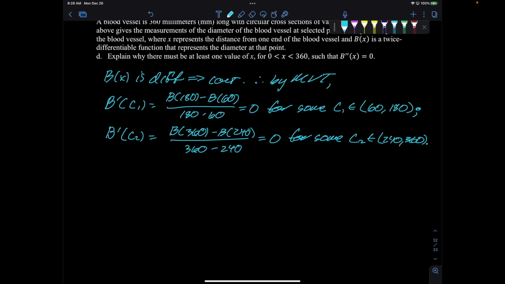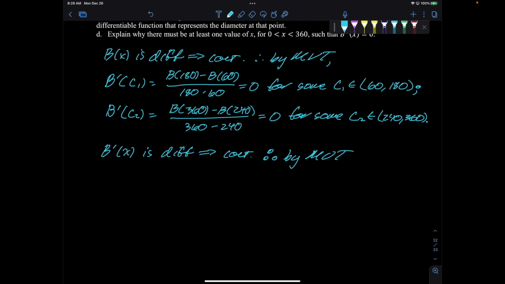So we're going to say b prime is differentiable, I mean, that's given, which implies continuous. Therefore, by MVT, b double prime of x is going to be b prime of C2 minus b prime of C1 over C2 minus C1.